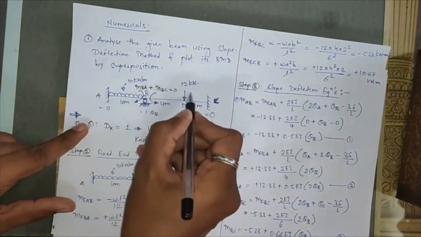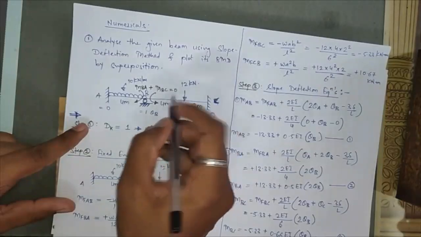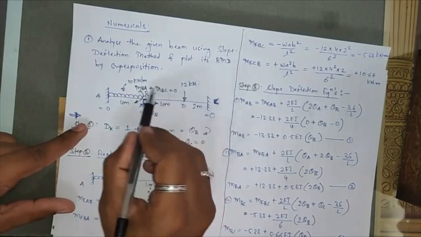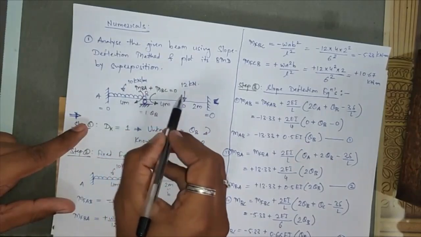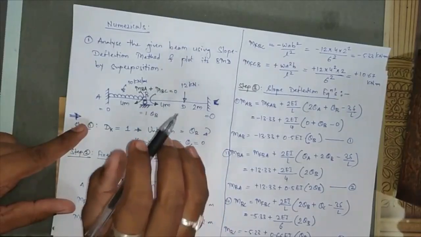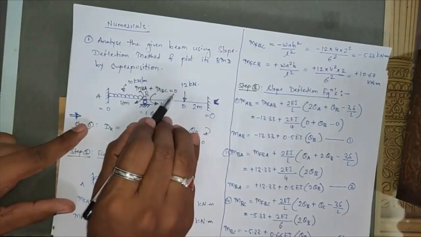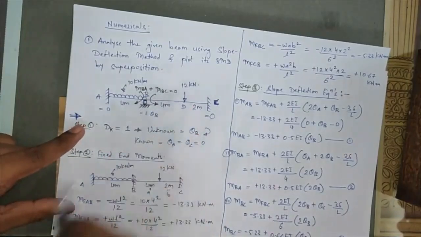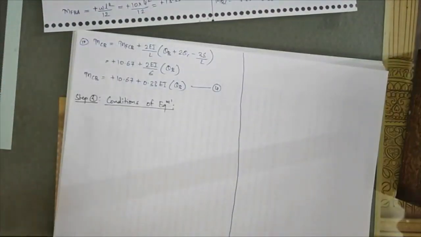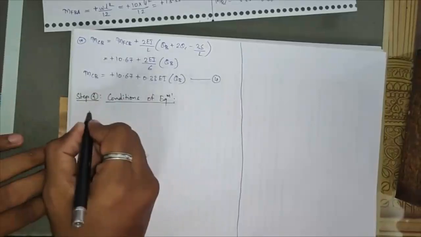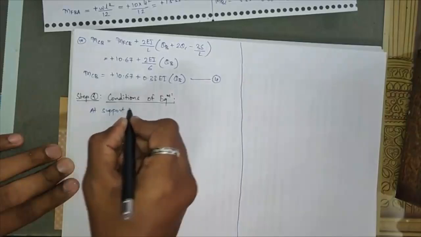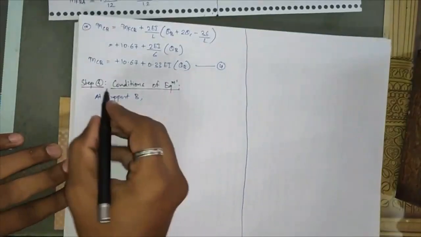This MBC, if you take it to the right hand side, what will we get? MBA will be equal to minus of MBC. Okay, so either these two values must be the same but acting nature different, or the summation of these two moments shall come equal to 0. So I can say that this will be my condition of equilibrium at this joint B. Okay, so in my step number 4, the condition of equilibrium occurs at support B, or you can say at joint B also. At support B, what is my condition?